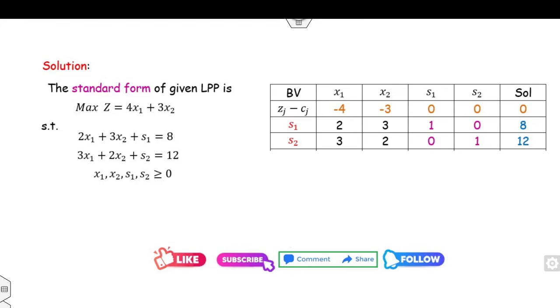Now that is step number 1. Then your target is to find the entering variable. Look at all the values in the Zj minus Cj row which are strictly less than 0. I have these 2 values.